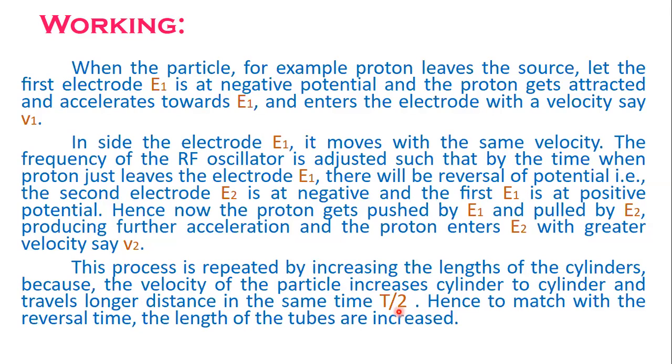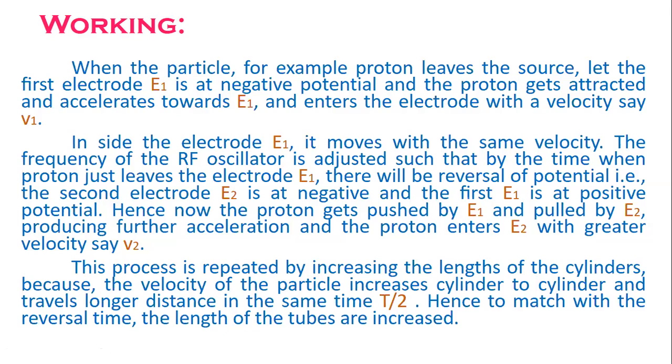Therefore, in order to match with the time reversal, the length of the cylinders or the electrodes is made greater from one electrode to the next. Hence, to match with the reversal time, the length of the tubes is increased. So this is the working of the linear accelerators.